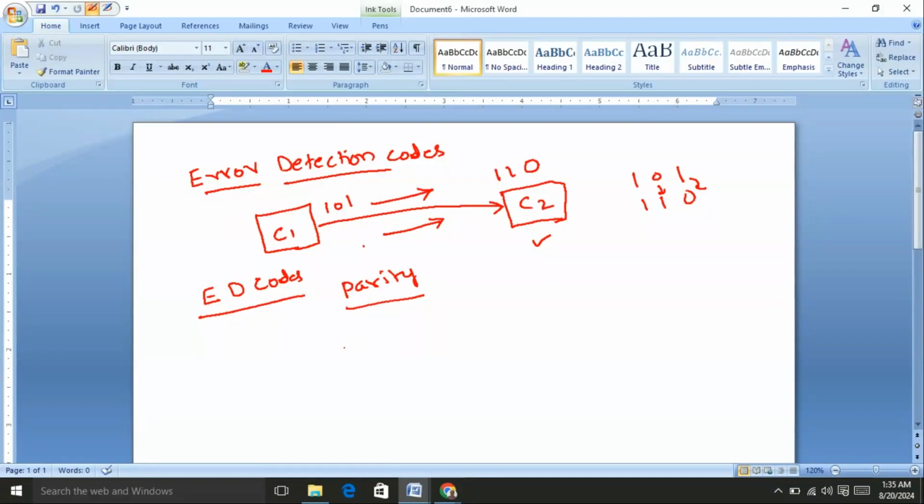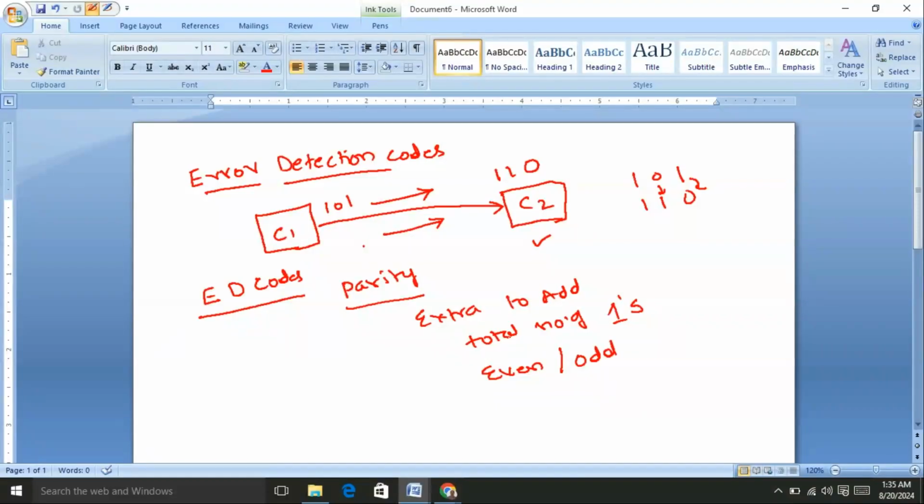The parity bit is an extra bit added to the binary information to make the total number of ones within the information either an even number or an odd number.